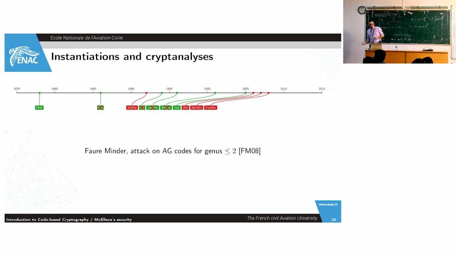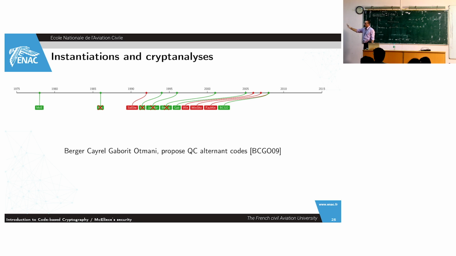Then other proposals were made with algebraic geometry codes, and also subfield subcodes of generalized Reed-Solomon codes, and quasi-cyclic BCH codes. But it turned out that there was a terrible attack, the square attack.